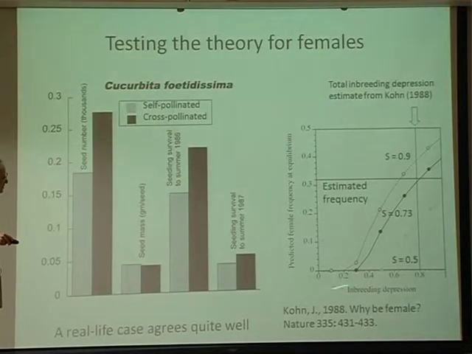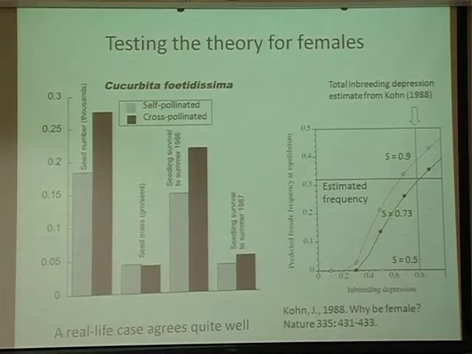So I've got inbreeding depression now plotted on the x-axis, and the predicted female frequency from the equation. That's the inbreeding depression that he estimated. He didn't have a very good estimate of the self-fertilization rate. It wasn't easy to get that, but he estimates it to be about this level.